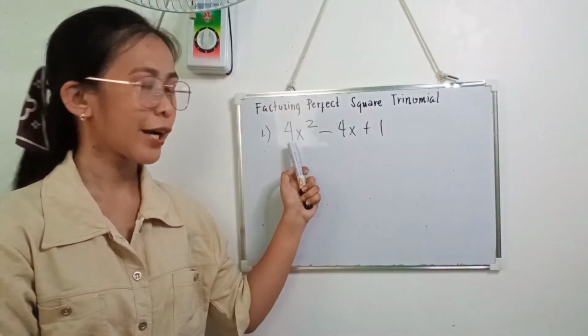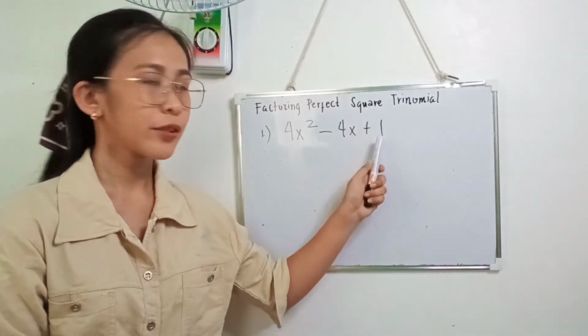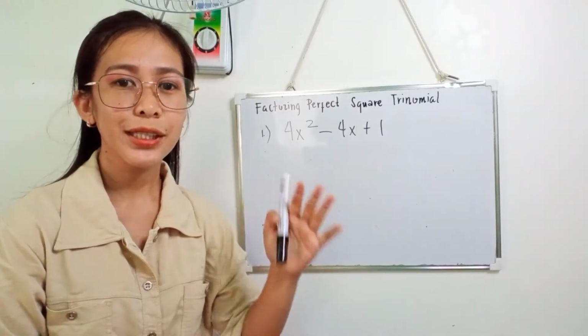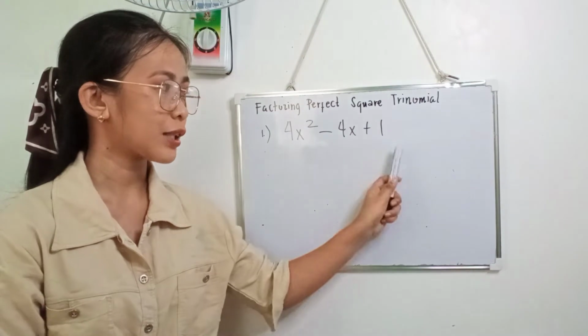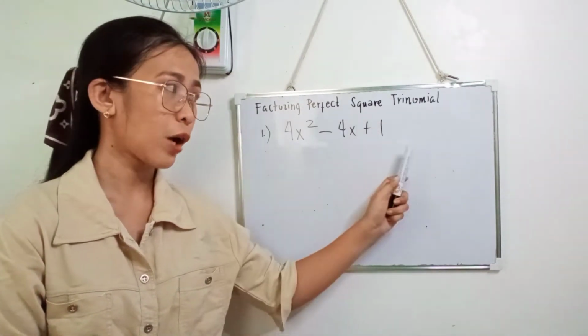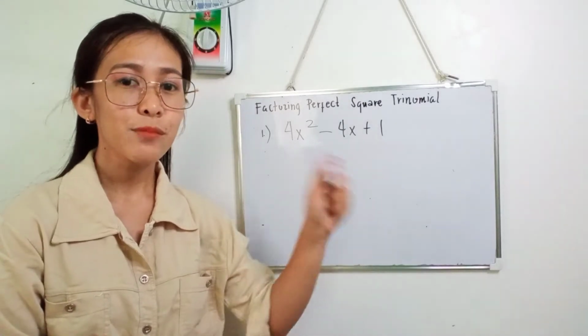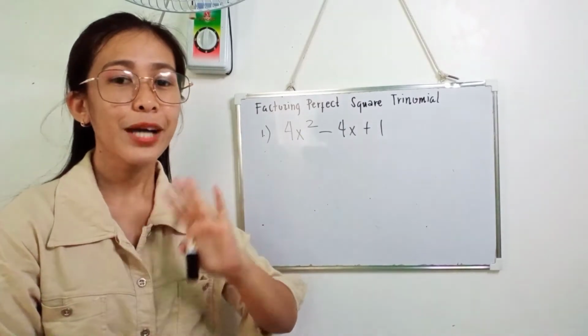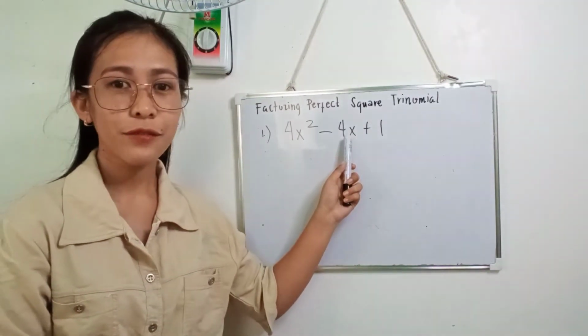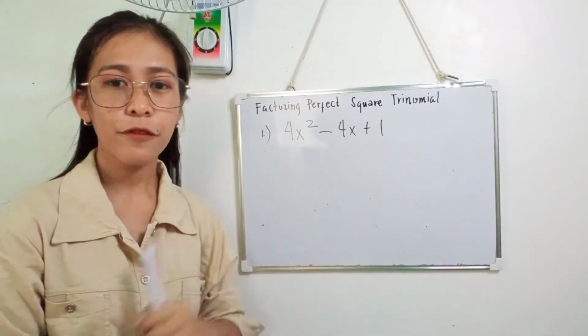Yes, of course. 4x squared is a perfect square, and also 1. And then, yung middle term niya, when we take twice the product of the first and last term: square root nitong 4x squared is 2x and ito ay 1. So, 2x times 1 is 2x, and then twice, 2x times 2 is 4x. And the middle term is 4x. Therefore, this is a perfect square trinomial.